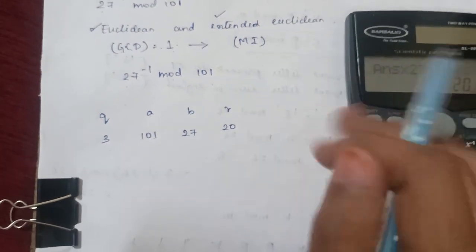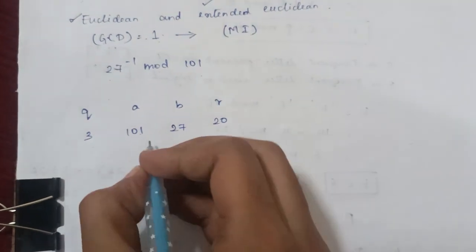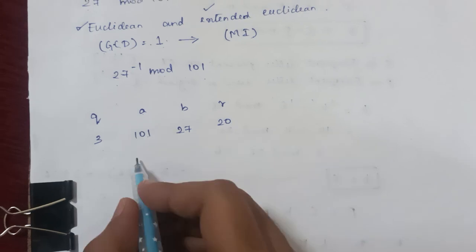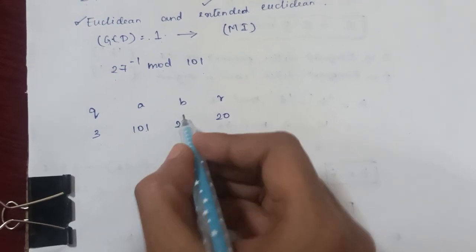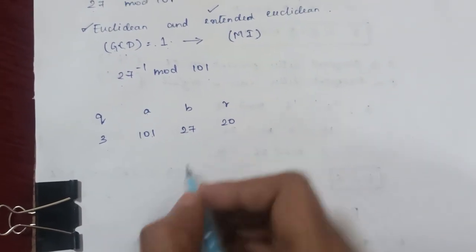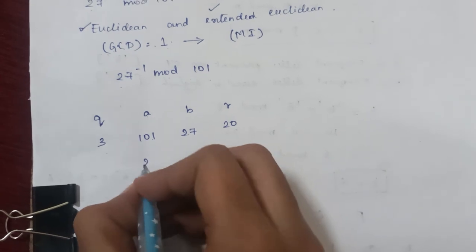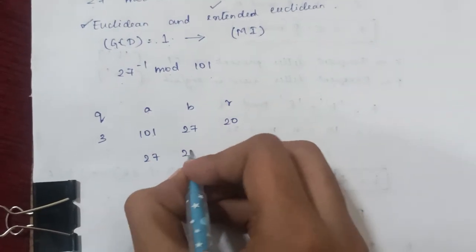Similarly, I have to perform the same for all the numbers, which means now we'll be performing some shifting. A will hold the value of B, and B will hold the value of R. So A becomes 27 and B becomes 20.